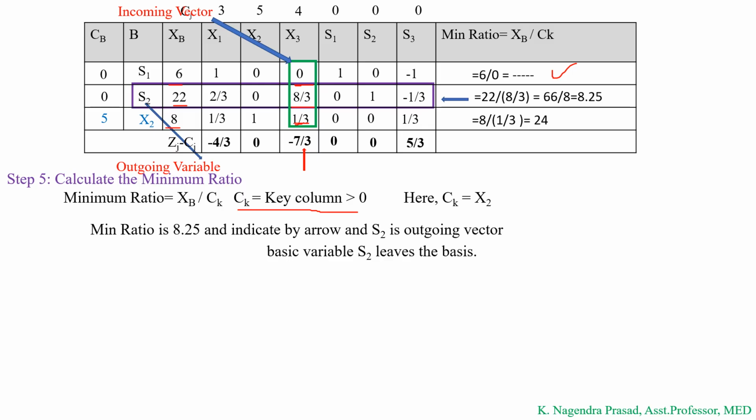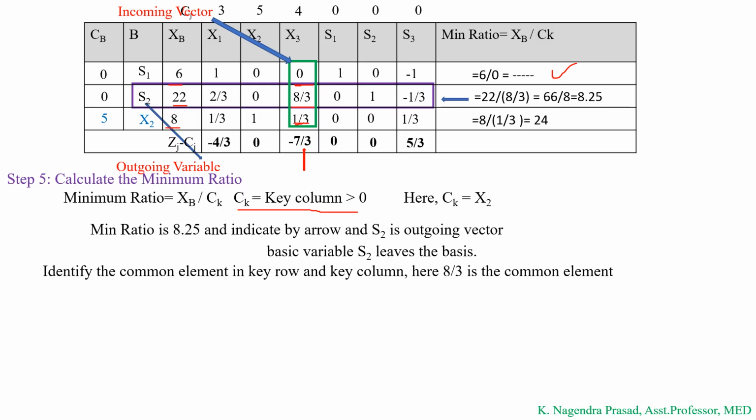So basic variable S2 leaves the basis. Next we have to identify the common element in the key row as well as the key column. Here the key column is the x3 column and the key row is the S2 row. So among the key row and the key column, the common element is 8 by 3. So 8 by 3 is the key element.